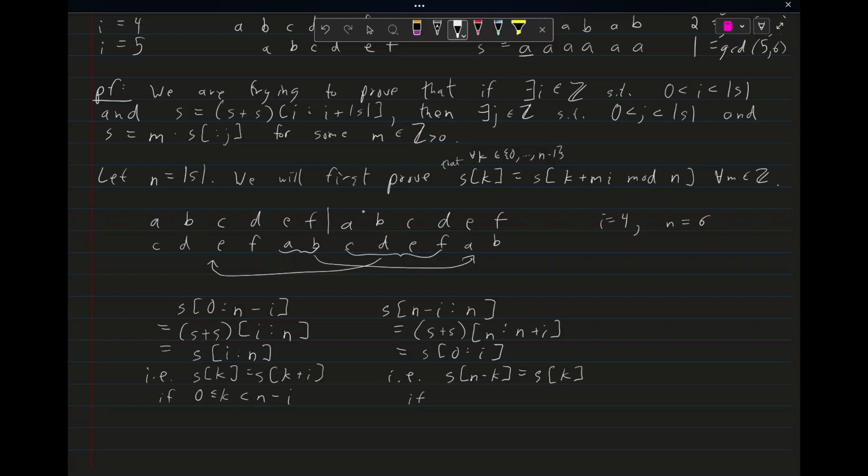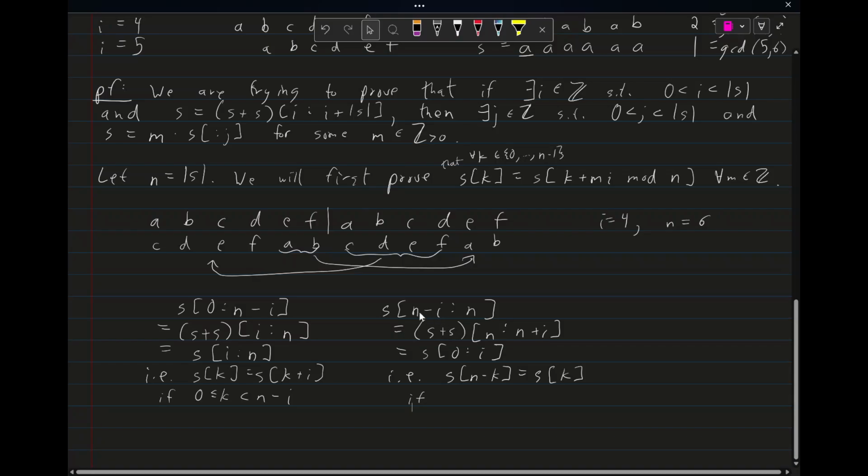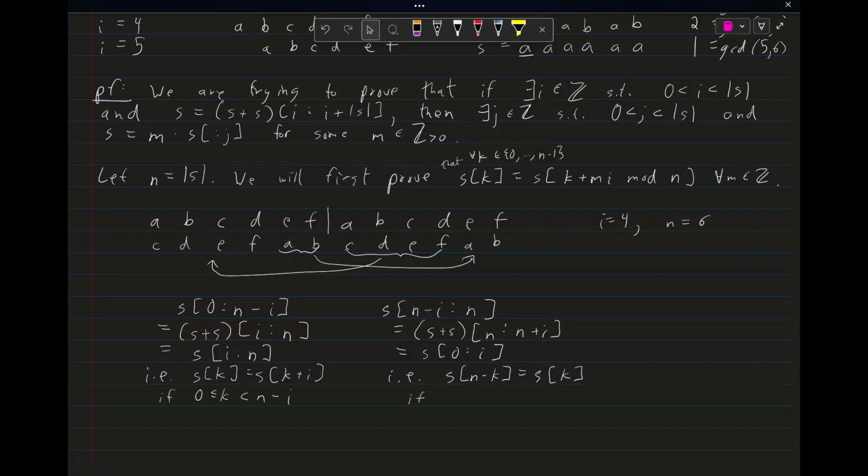I think I might be off by 1. Zero up to i, n minus i up to n. For example, S of 0 is going to be equal to S of n minus i, S of 1 is going to be equal to S of n. Because I'm getting confused, let's actually write this out.